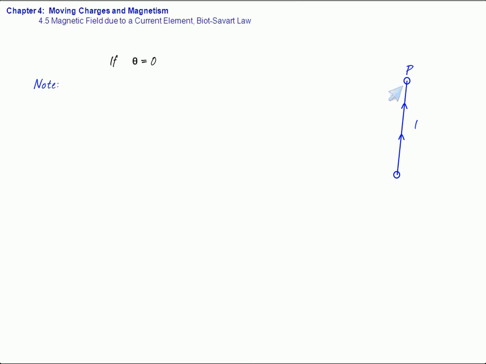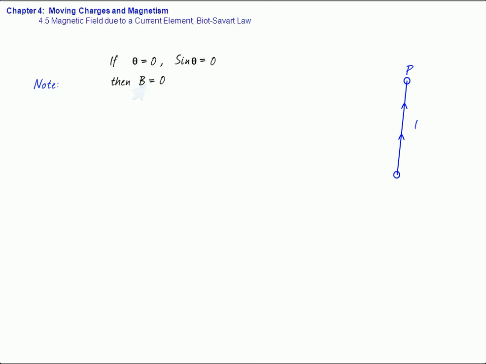Current is upward or downward, but point P is along the length of the conductor. Then what is the value of theta, sin theta? Theta 0 means sin 0, 0. Then magnetic field according to Biot-Savart law is 0. What does it mean? Magnetic field at any point in the direction of dl is 0.